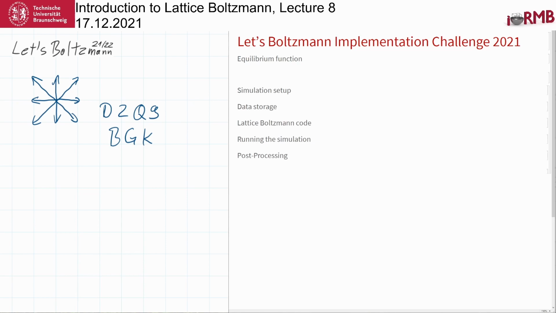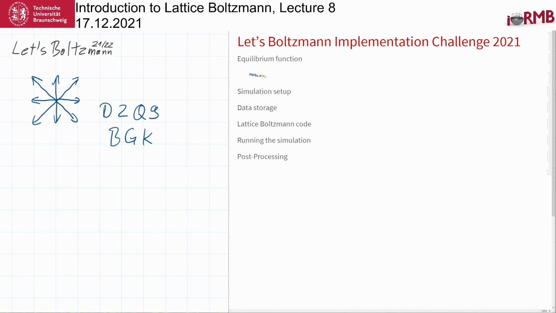We get the equilibrium function from the equilibrium moments. So the equilibrium moments MEQ, yeah, and they will have the indices A and B. And here we first define the moment 0,0, M0,0, given a velocity u.